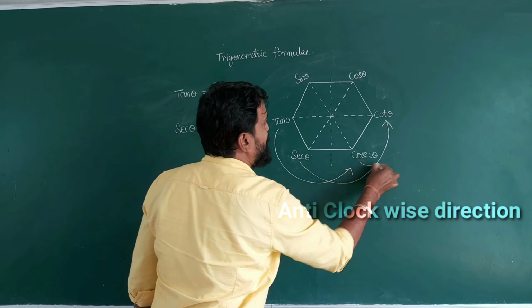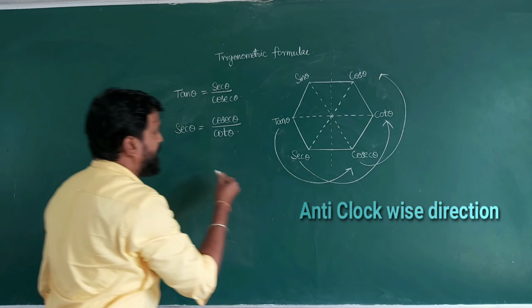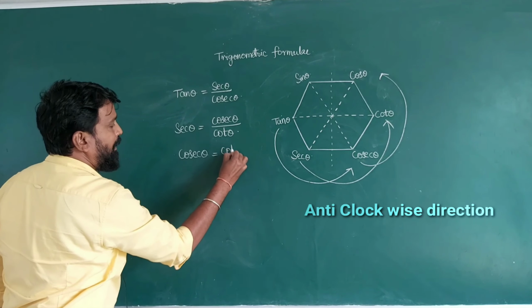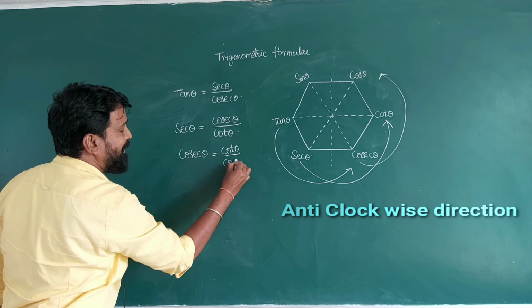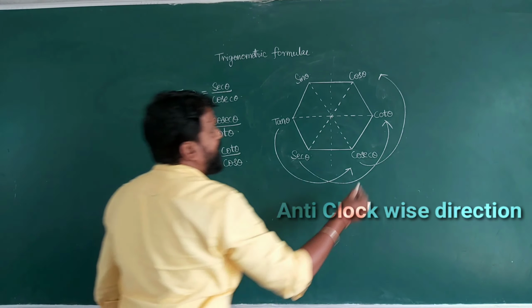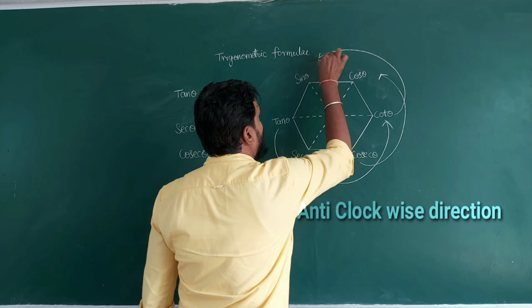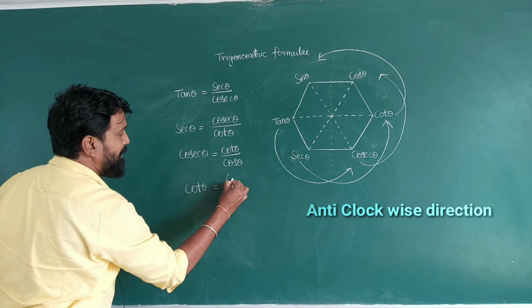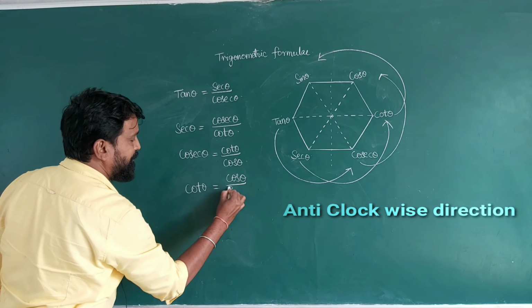Cosec theta is equal to cot theta by cos theta. Now cot theta is equal to cos theta by sin theta.